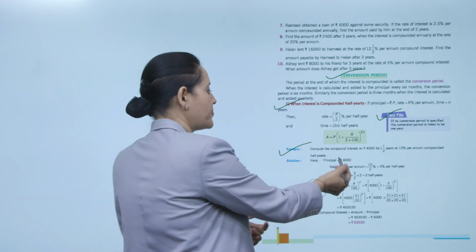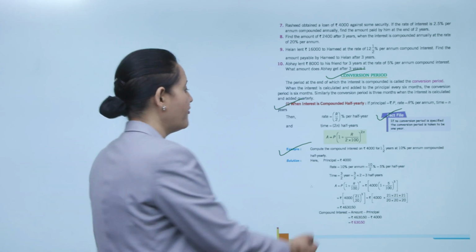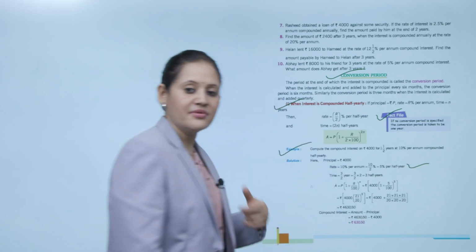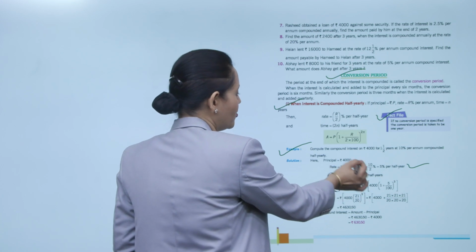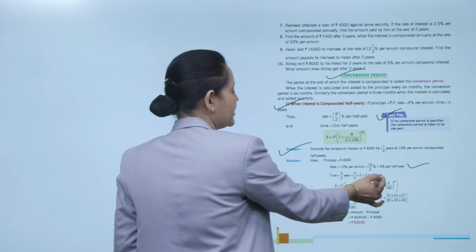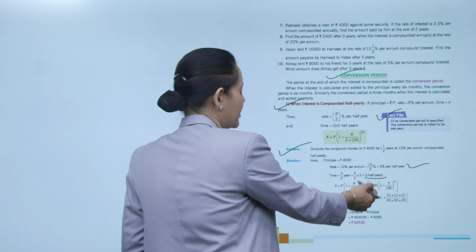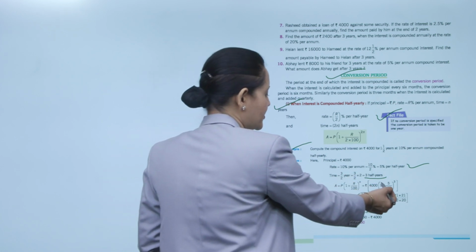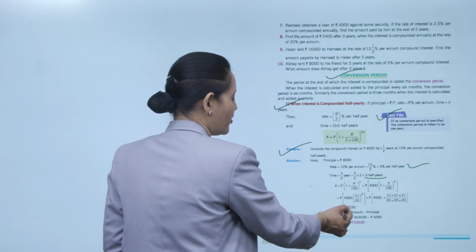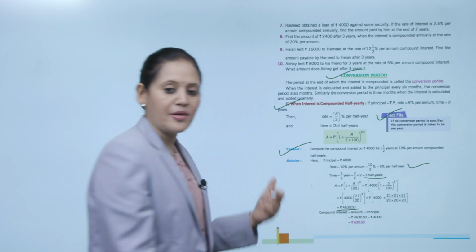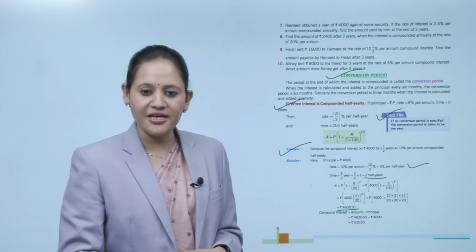Compounded half yearly, so principal 4,000, rate of interest given is 10%, so it will be halved to 5% per half year. Time will be doubled, 3/2 into 2, that is 3 half years. Now we will find the amount. Principal (1 + r/100) to the power n. So we will put the value 4,000 (1 + 5/100) to the power 3. We will solve, that is equal to rupees 4,630.50. Now compound interest is amount minus principal, that is rupees 630.50. Clear?